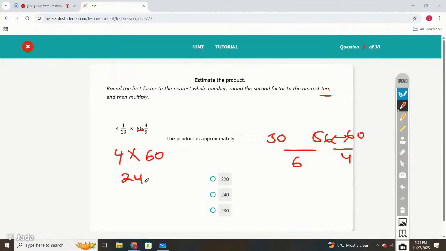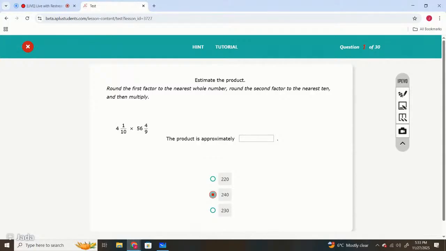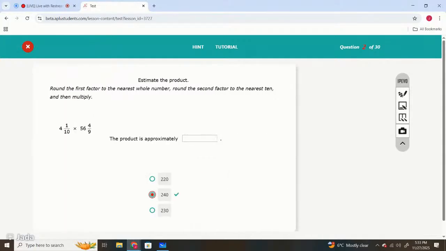So 4 times 6 is 24, that is 240. The correct option is 240. Option number 2 is the correct option.